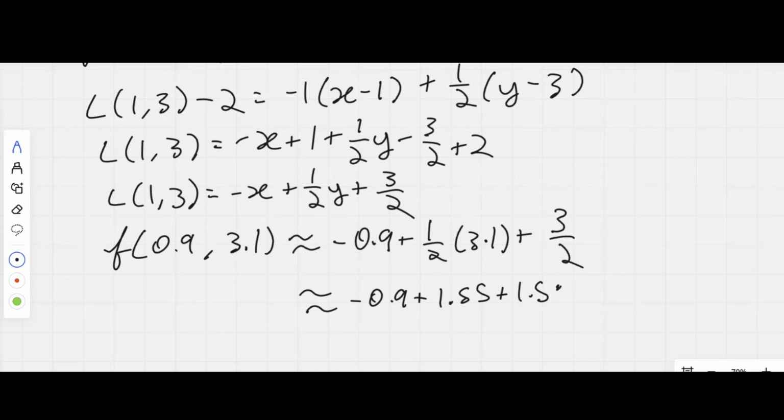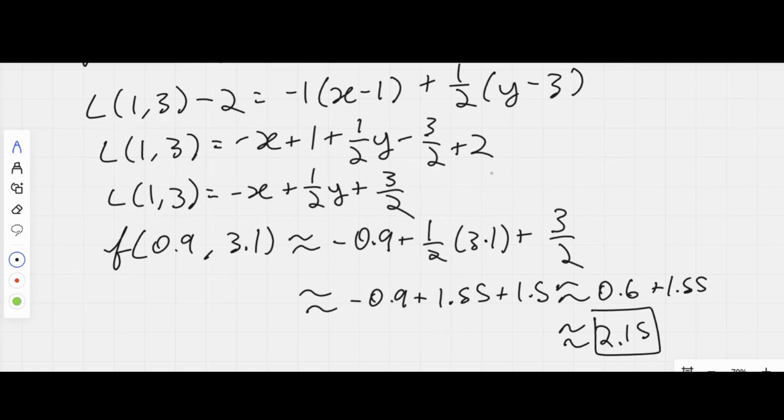Alright, we can simplify this even further to become 0.6 plus 1.55. That is simply by subtracting 0.9 from 1.5. And then we're left with 0.6 plus 1.55. Adding those two together, we are left with 2.15. And so that is our linear approximation.